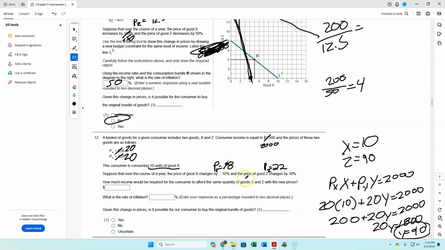Z equals 90. How much income would be required to buy that same quantity of 10 and 90? Well, I'm going to do the same equation here. PX·X plus PZ·Z equals $2,000. Or actually, we don't know. That's what we're solving for. Sorry.